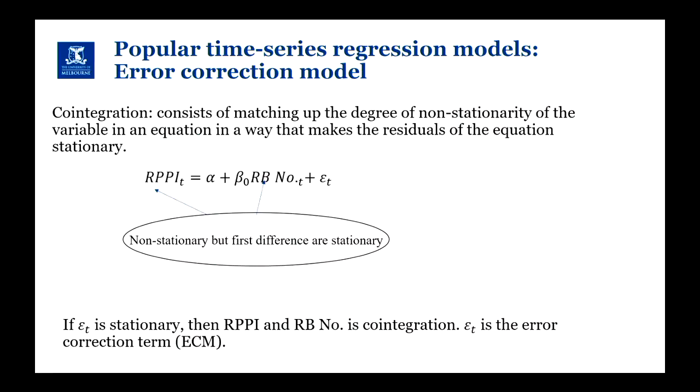And if the error term in this model is stationary, then we call these two time series co-integrated. That's the definition from the statistical perspective. From the practical perspective, it means these two variables have a stable long-run relationship.